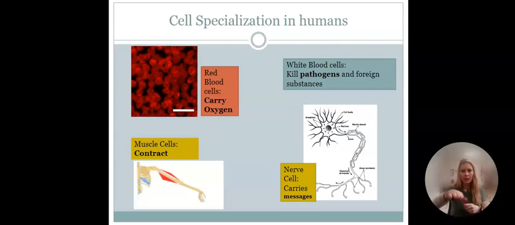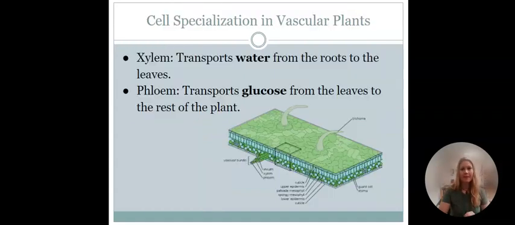So you touch something, it's hot, you jerk your hand back. That's a nerve cell. But we can see, especially with the red blood cells, these cells are small, circular, which is a very different structure from this neuron over here. So structure determines function, okay?